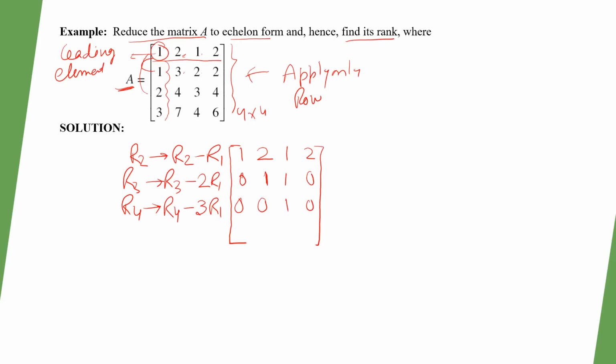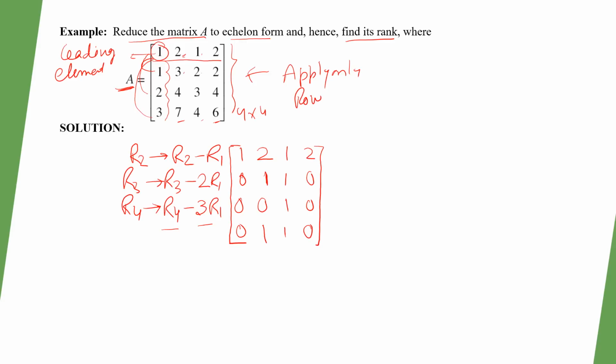And on R4 we apply the operation R4 minus 3 times R1. So 3 minus 3 is 0, 7 minus 2 times 3, that is 6, 7 minus 6 is 1, 4 minus 3 is again 1, and 6 minus 2 into 3, that is 6, is 0.